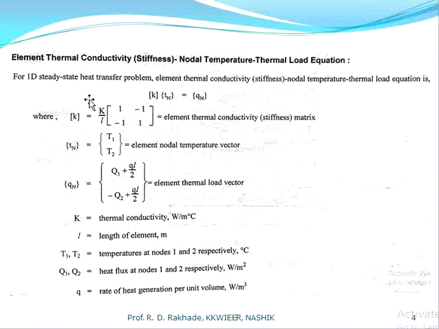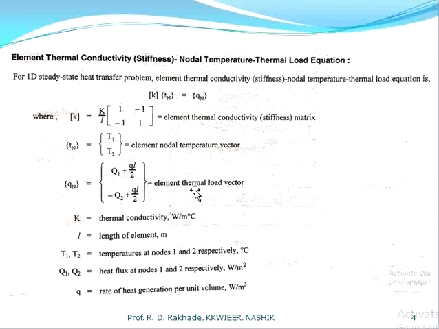The individual element stiffness matrix is represented by K. So K upon L, 1 minus 1 minus 1 1. So this is the element thermal conductivity stiffness matrix. Similarly, the element nodal temperature vector: for element 1 there are two nodes. At the two nodes we denote T1, temperature on first node, and T2, temperature on second node.